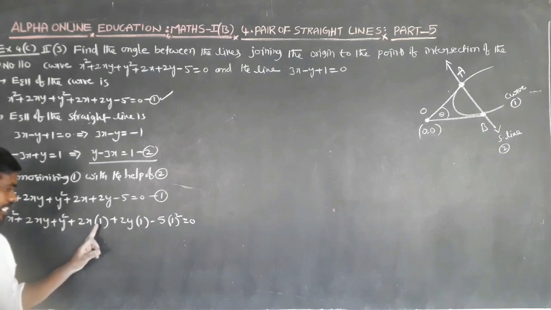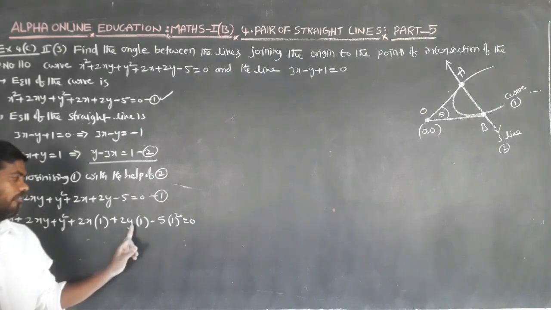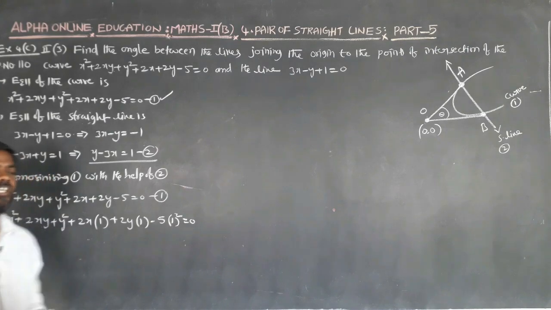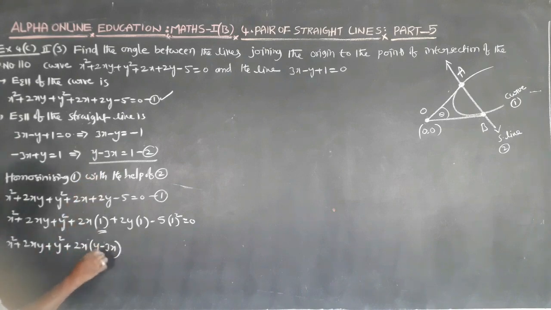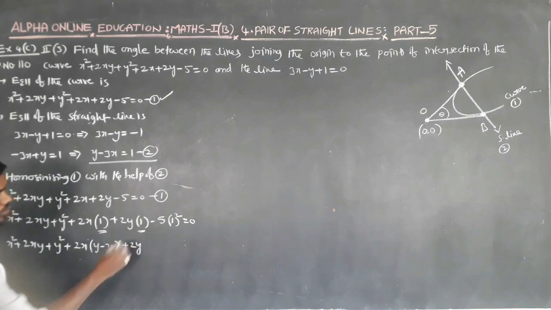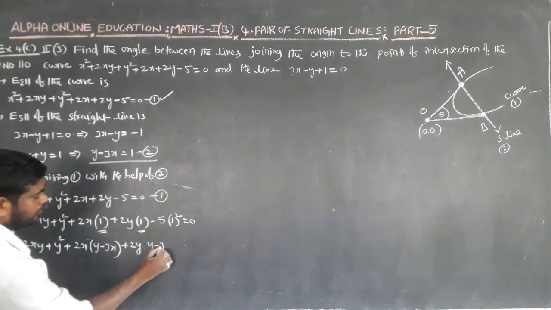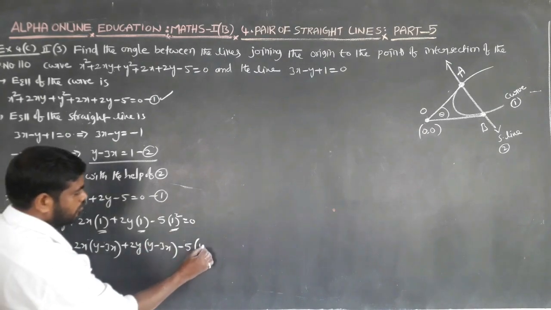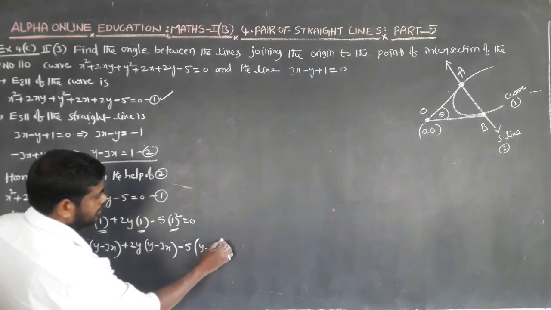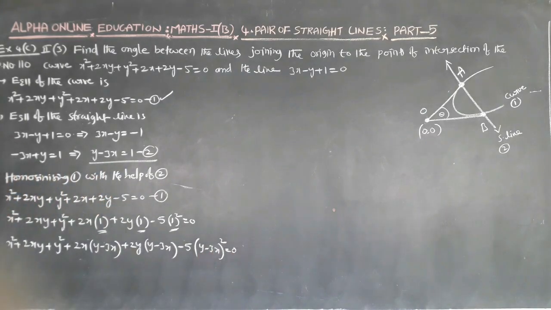Always write in process x into 1 no, y into 1 no, constant into 1 square. Writing in one place: x square plus 2xy plus y square plus 2x into y minus 3x plus 2y into y minus 3x minus 5 into y minus 3x whole square is equal to 0.